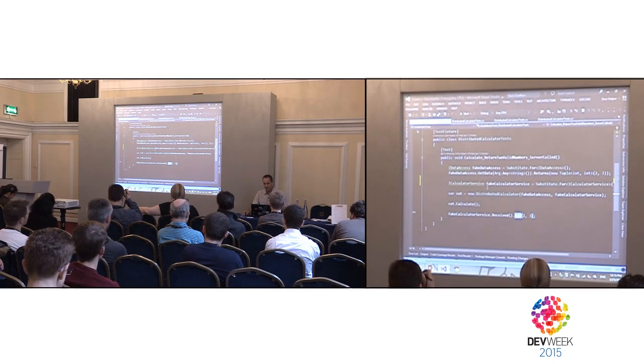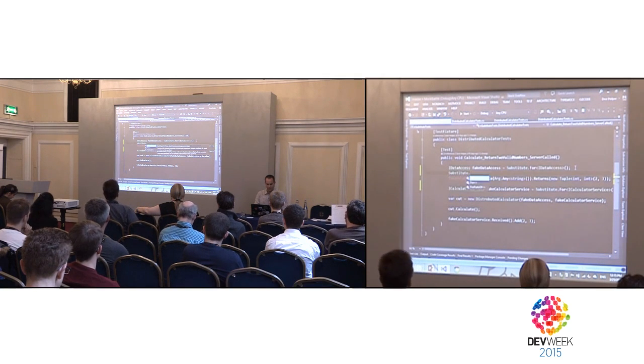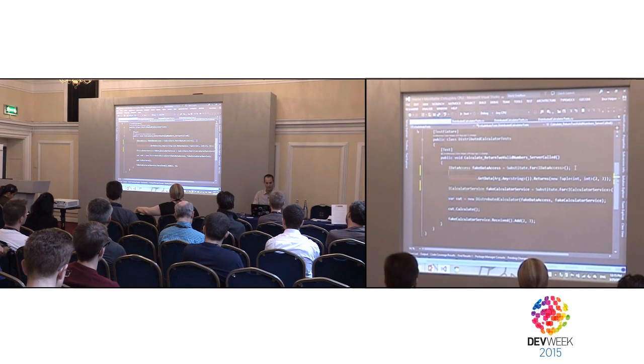It's very easy. It's discoverable, although you don't have a single point of entry here. Every time I have something in the substitute, I don't get much. I just have For and Partial Of, and that's it. And the rest are extension methods that you have to look up for yourself.